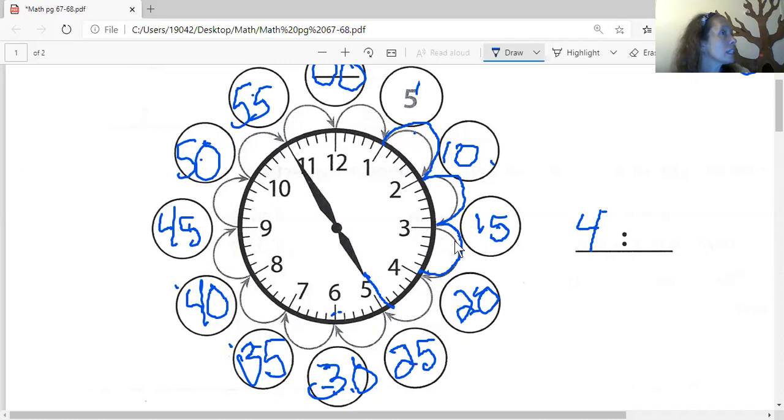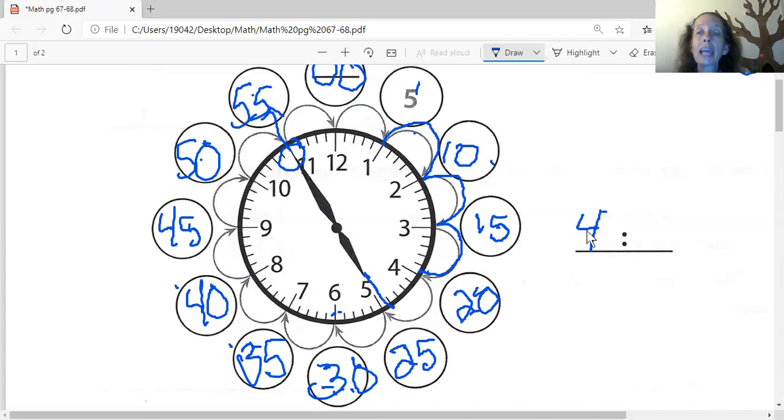I need the talking to stop, please. And now we find that the hour hand is pointing right here between the 10 and the 11. And if I go straight up, how many minutes is that past the hour? Yes, 55. You're doing well at this. Very good. 55.